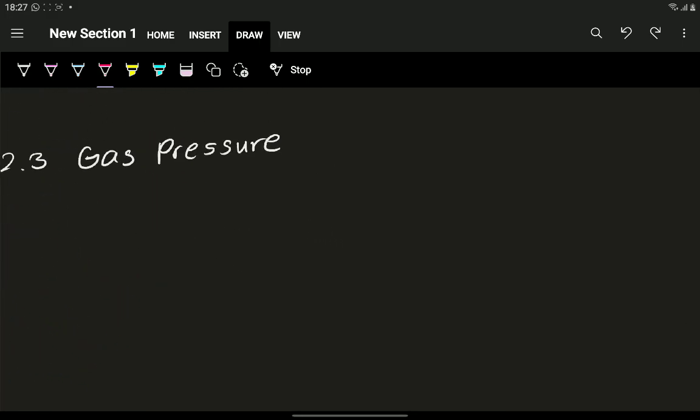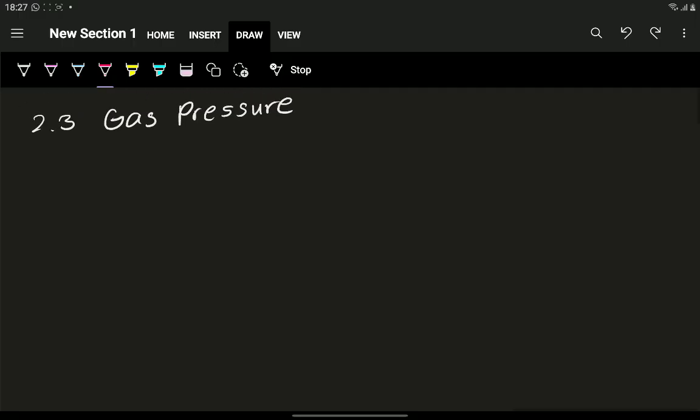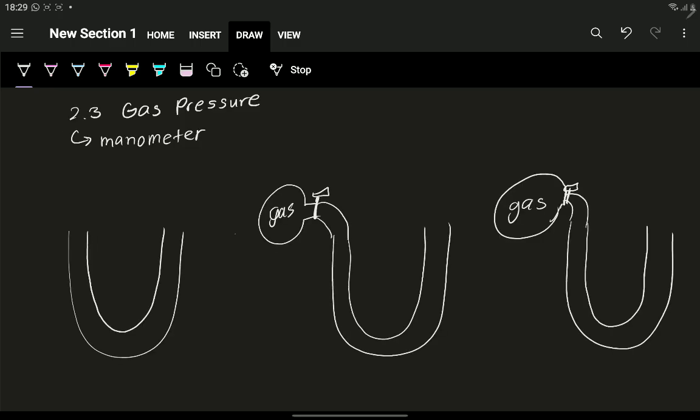So now we're going to start with the next concept, which is gas pressure. Gas pressure can be measured by an instrument called the manometer. Okay, so I have 3 U-tubes here. Ignore my ugly handwriting, I'm trying to be quick.